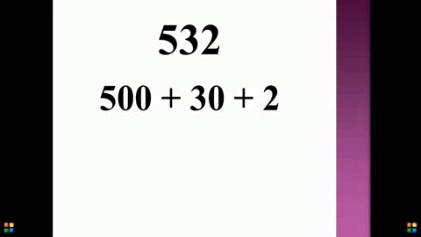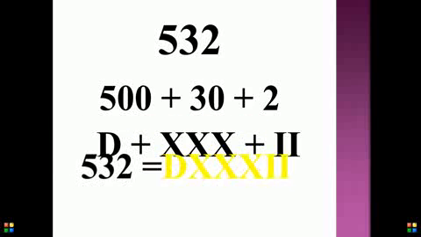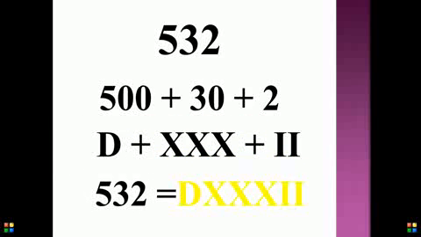Now, in that case, the Roman numerals for 532 will be what? 500 is D, 30 is XXX, while 2 is II. So if you combine everything together, you're going to have DXXXII. That stands for 532.